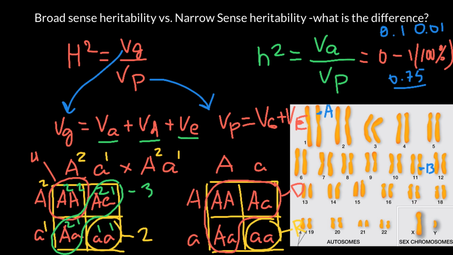Now let's talk about the difference between broad sense heritability and narrow sense heritability. As I said, the most important factor in genetic variance would be additive variance. Most of our variance and most of our traits would be due to additive effects.